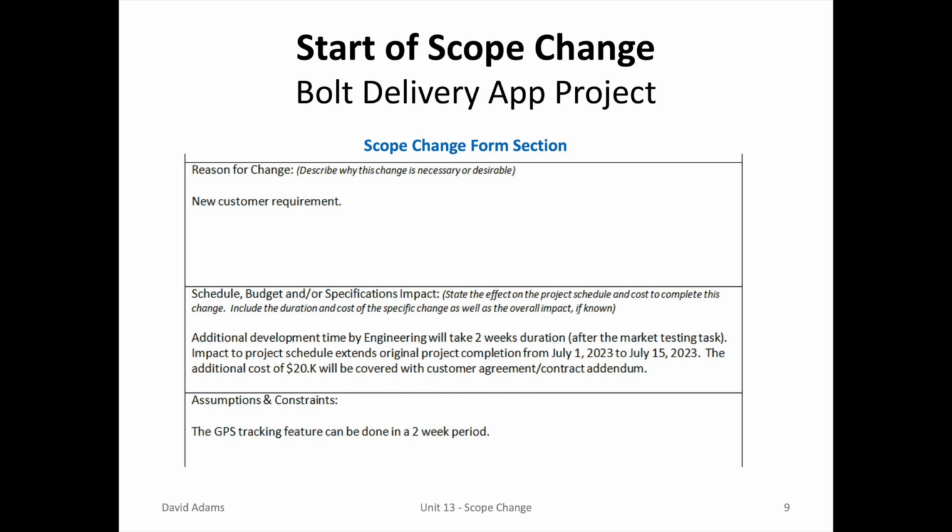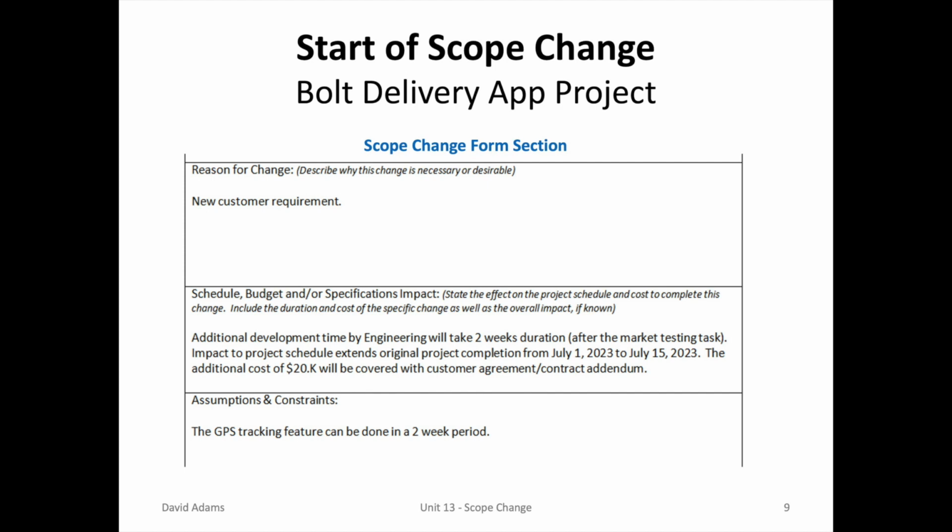Note that the Bolt Delivery App Project Scope Change Control document is located in the D2L Supporting Material module. Like the project charter, the project scope change has header information that includes all the key players. The proposed change, simply put, is the addition of GPS tracking of delivery for timely customer tracking. And why are they doing it? It's a new customer requirement.